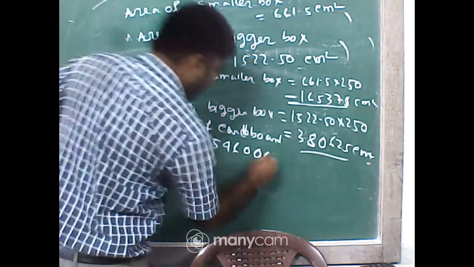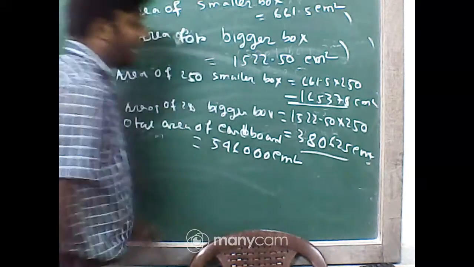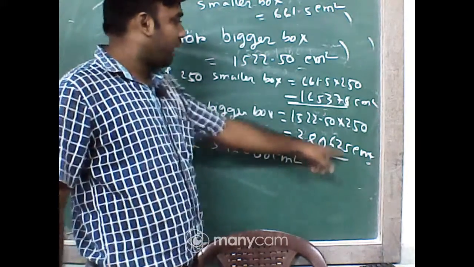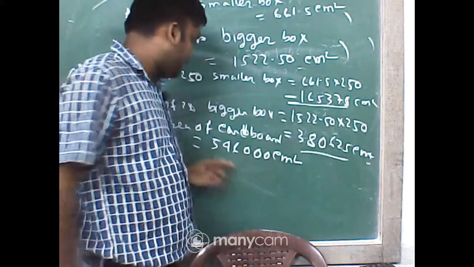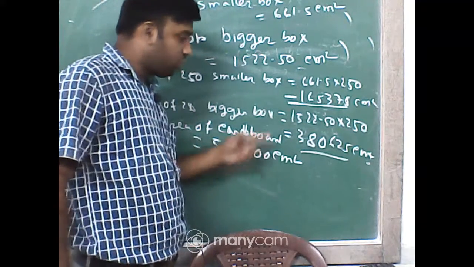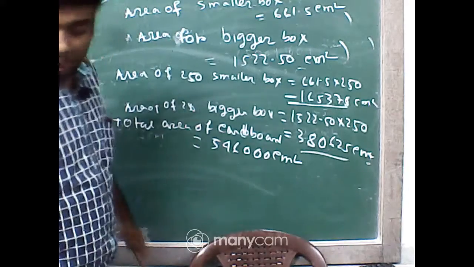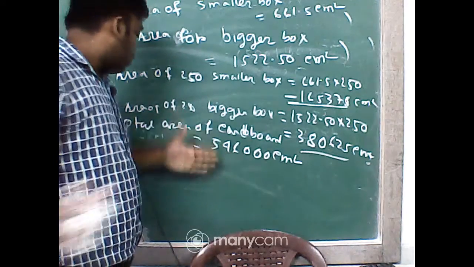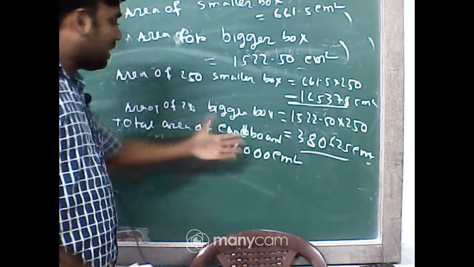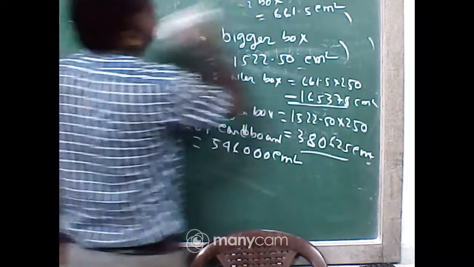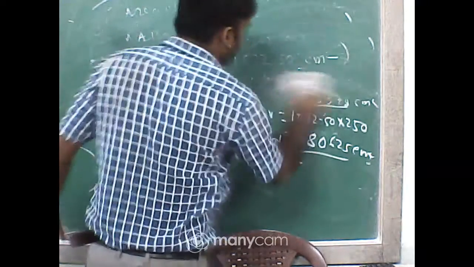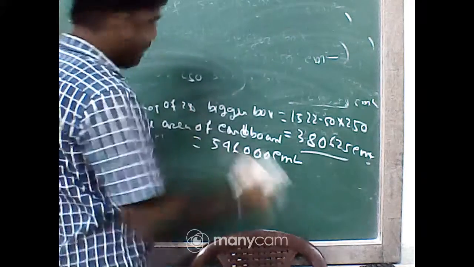If you add 165375 to 380625, you will get 546000 centimeter square. Now it is the total surface area of cardboard needed to form the 250 smaller boxes and bigger boxes.